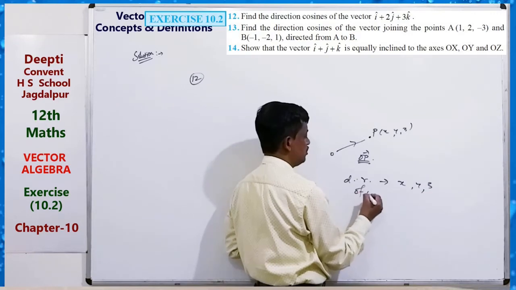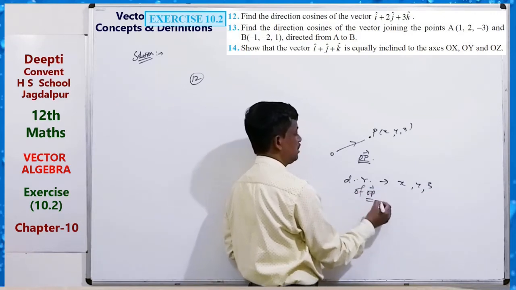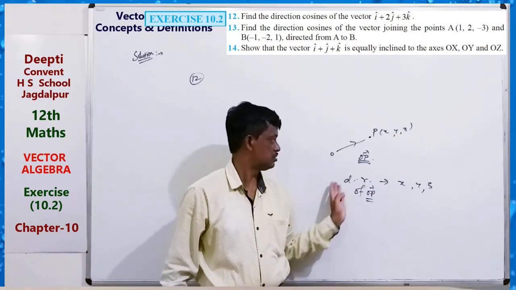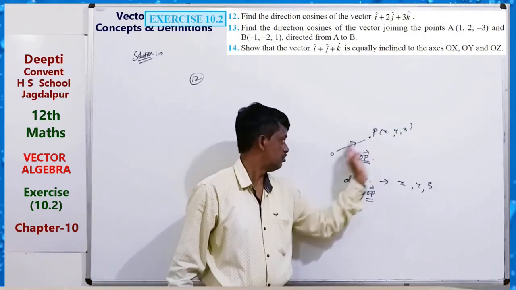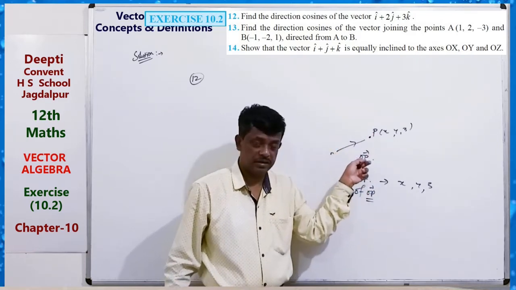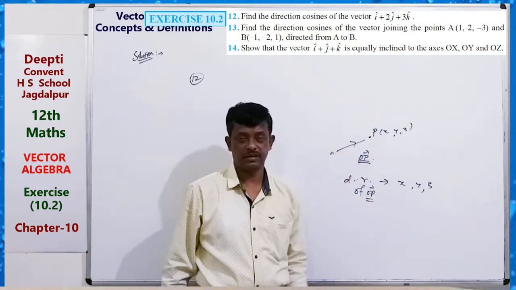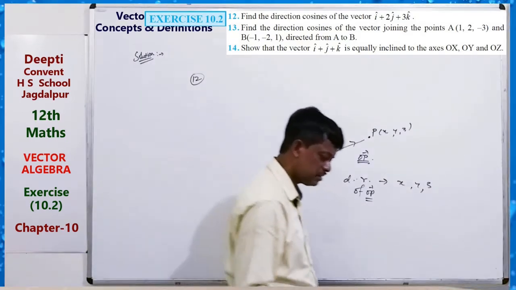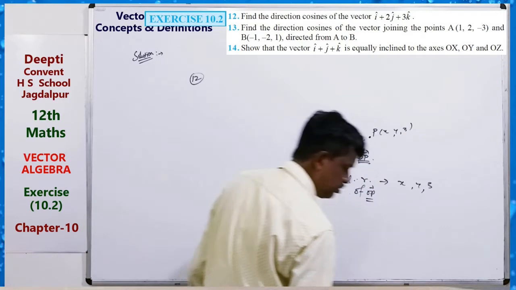If P is a point x, y, z, then its position vector has direction ratios x, y, z. That is, if a vector is given, here the vector is i plus 2j plus 3k.